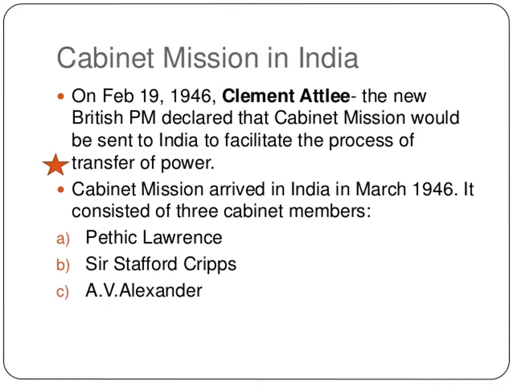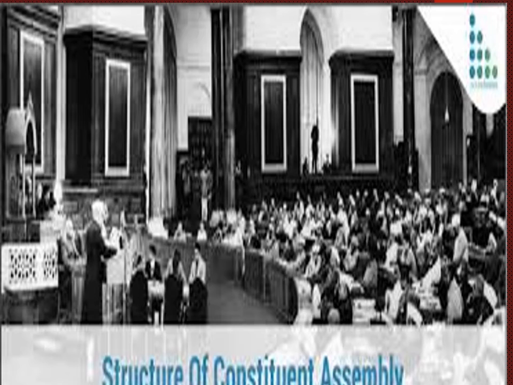We have already discussed in the previous slide that the Cabinet Mission Plan was sent to India, and on the basis of that the Constituent Assembly was formed. The picture you can see in the background reflects the structure of the Constituent Assembly, where different people from different communities were sitting together and discussing the substantive provisions of the Constitution.